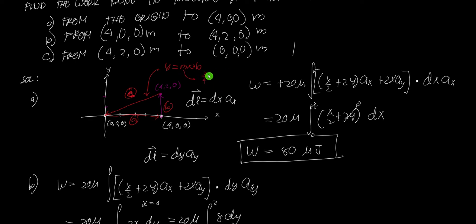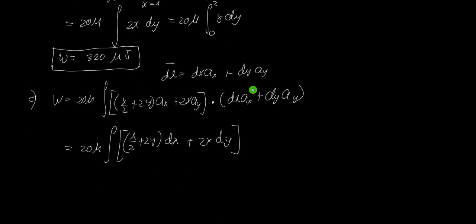So therefore, the equation of that line will be y equals 2 over 4 x, or y equals 1/2 x, or x equals 2y. So x equals 2y. I just need to write it here. If x equals 2y, we can solve for dx.